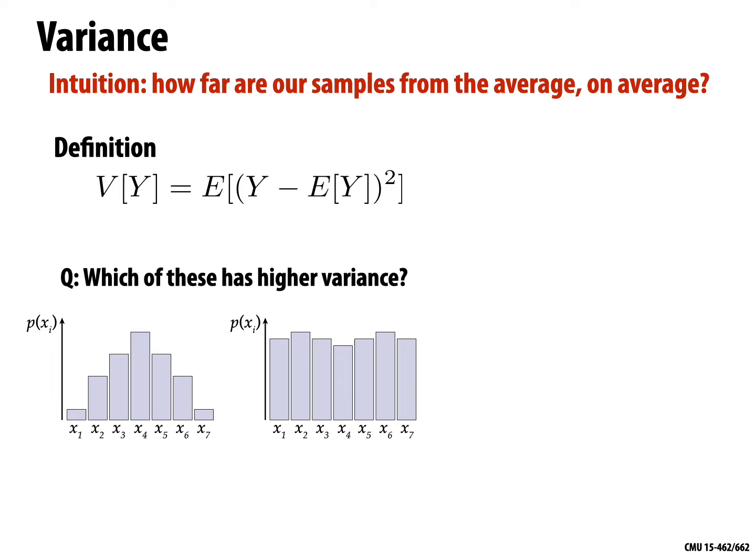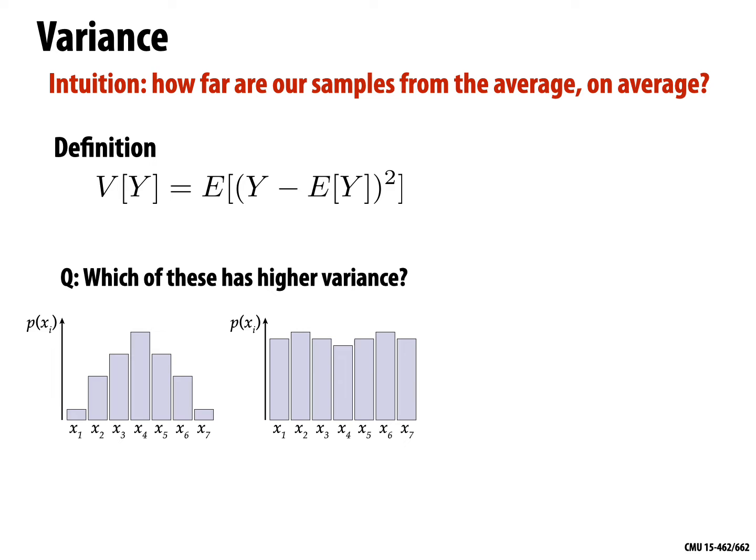Here's another example. If we just look at the probabilities associated with some random variable, which one of these do you think has higher variance? Okay, think about this one carefully. This could be counterintuitive for some people.